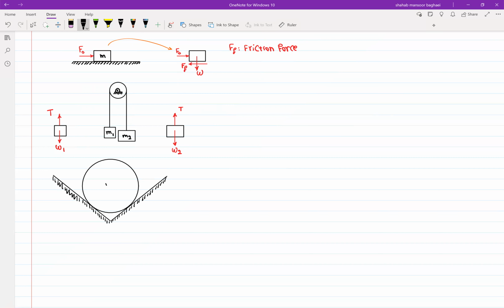This object has a mass which is m. Okay, what is the free body diagram for this mass? At first, separate this object. So you have this figure here on the right side.